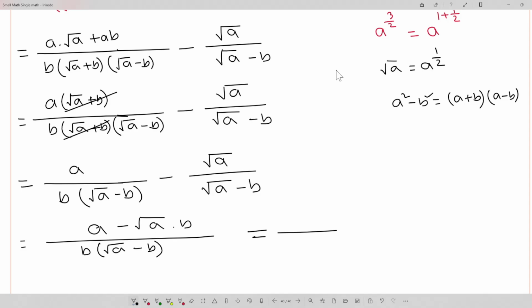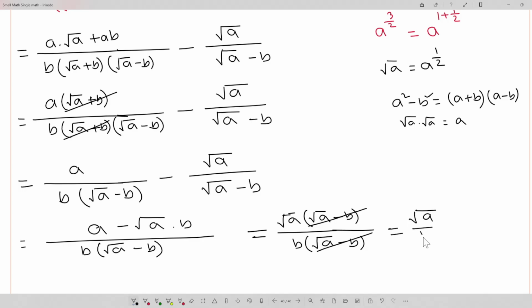Root a times root a equals a, so if we take common root a, we get root a times root a minus b, divided by b times root a minus b. So root a minus b cancels out, and our answer will be root a divided by b.